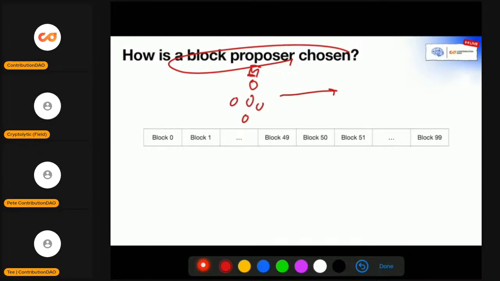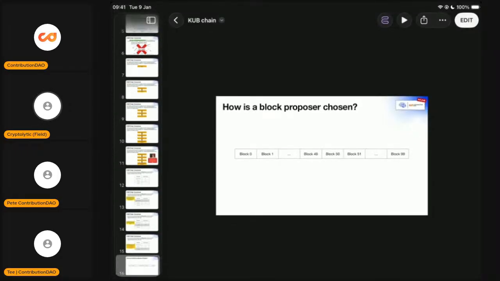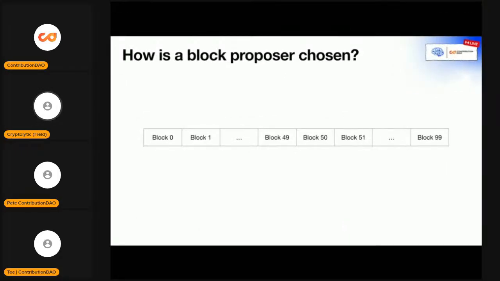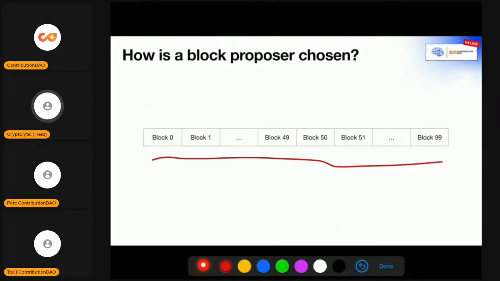Okay, so it is quite simple. The process is that, let me delete it. You have blocks from block 0 to block 99, for example, and the chain is going to move from block 0, and then after 5 seconds it moves to block 1, after 5 seconds to block 2, and so on and so forth.